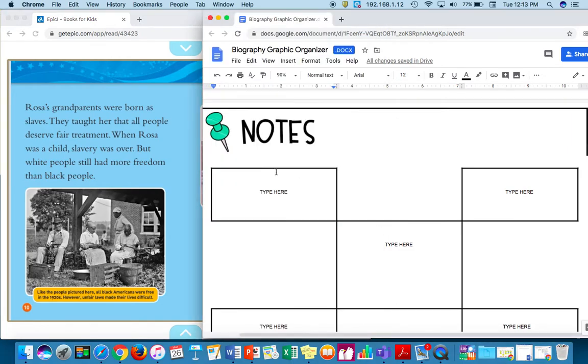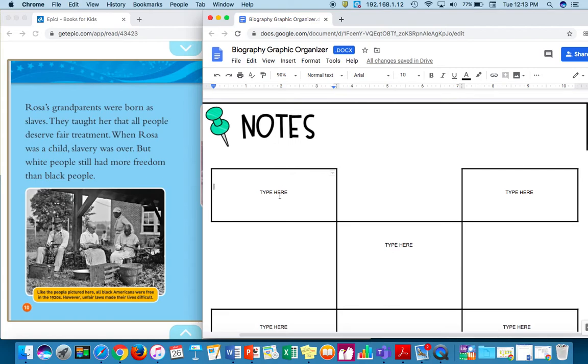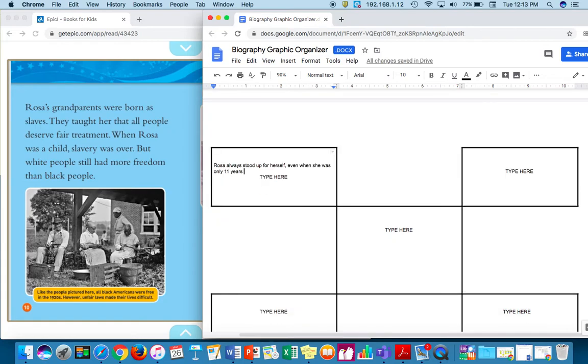So that might be a note that I write down in my notes. Rosa always stood up for herself, even when she was only 11 years old.